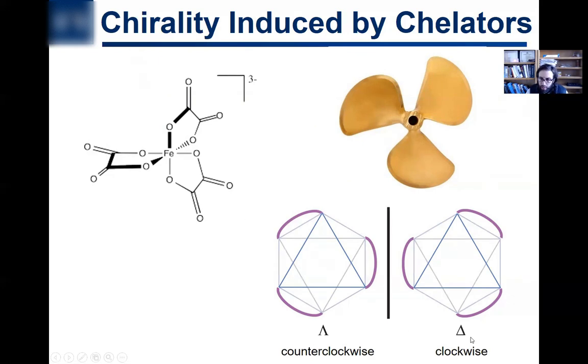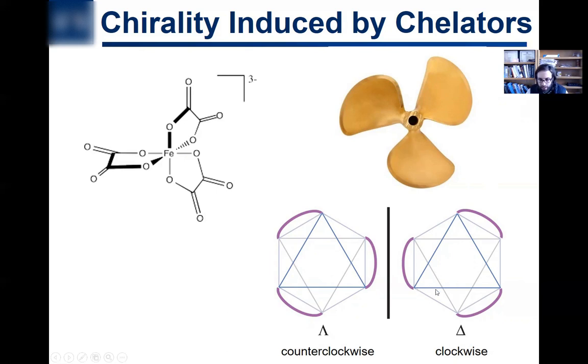It's given a certain name. You may see this in the literature, where if the spiral goes away from you in a clockwise direction, it's kind of like a helix, it's given a capital delta, Greek letter. If it's counterclockwise, it's given a capital lambda.